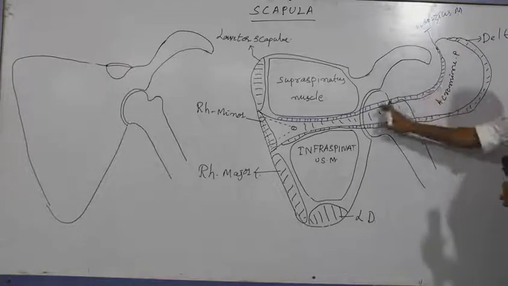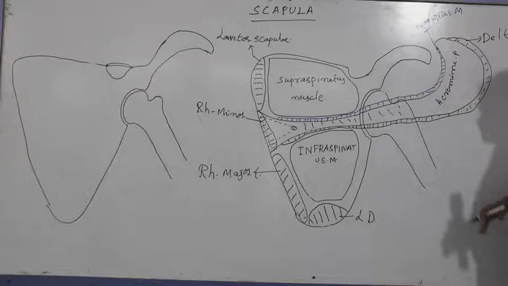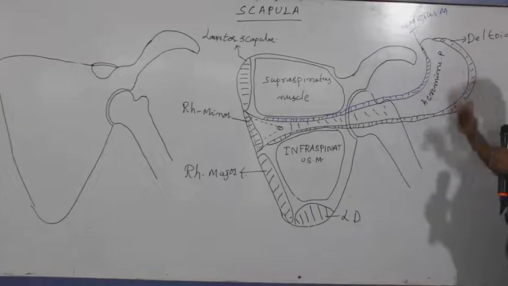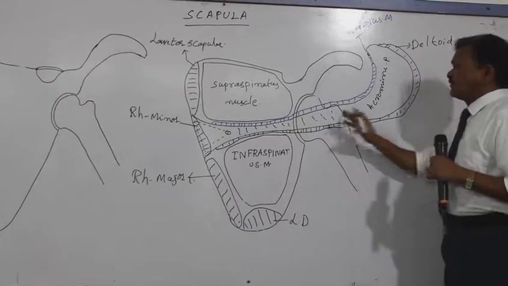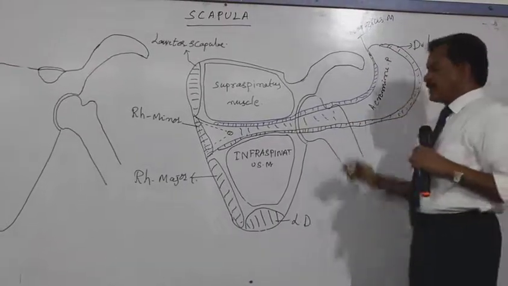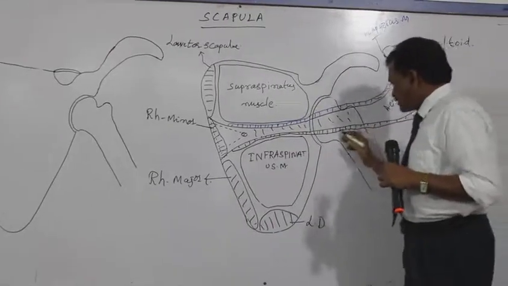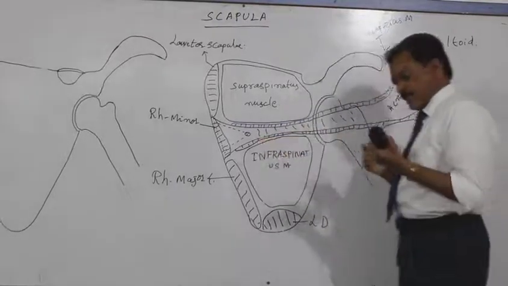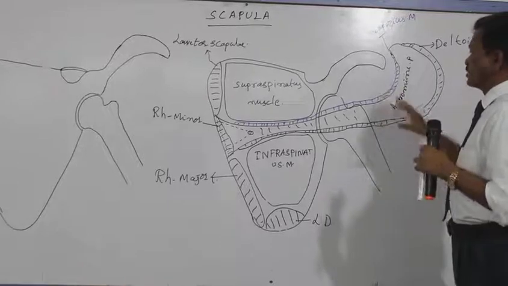This is the lateral border and this is the medial border. In the lateral border there is the insertion of the trapezius. In the medial border there is the origin of the lateral fibers of the deltoid muscle. And its origin also extends along the inferior border of the crest of the spine of the scapula. And this is for the dorsal aspect.